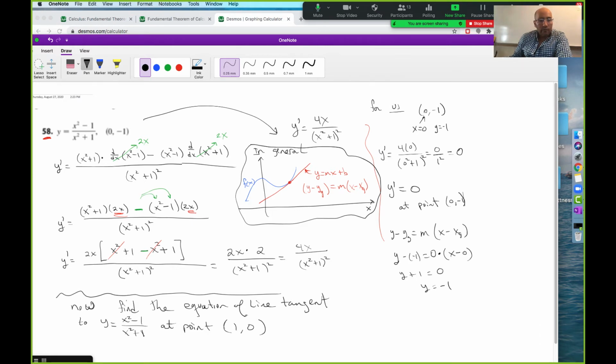Where if I put a 1 here, 1 squared minus 1 is 0, so the whole output is going to be 0.